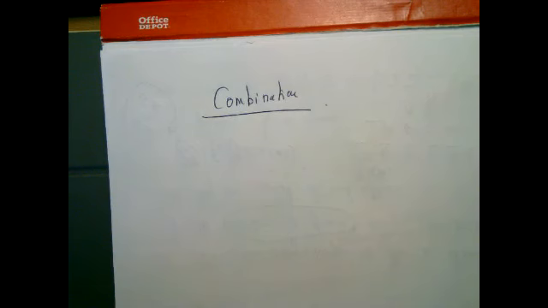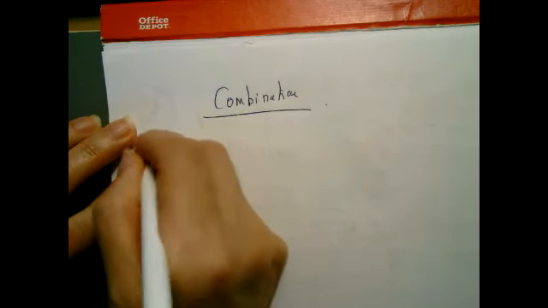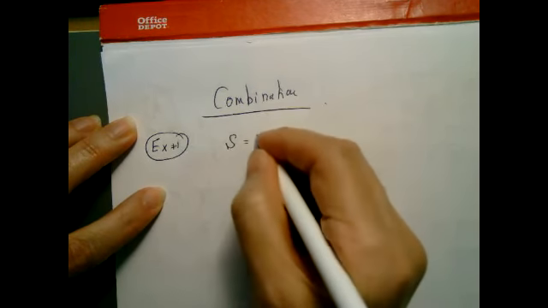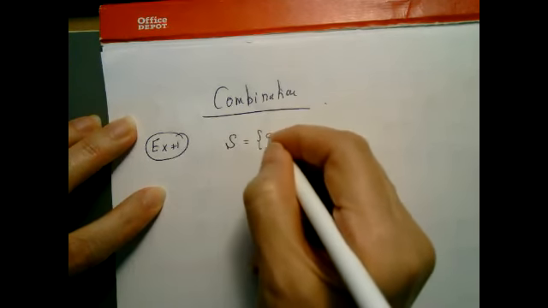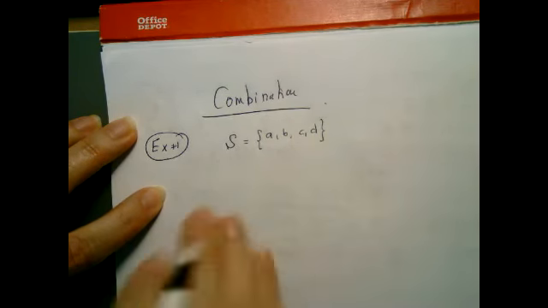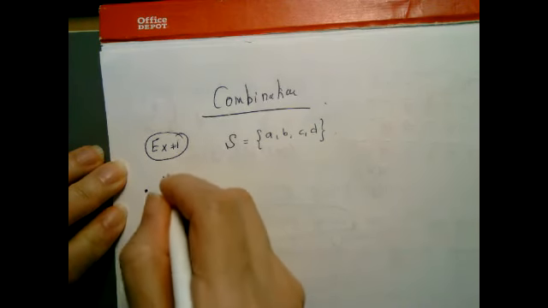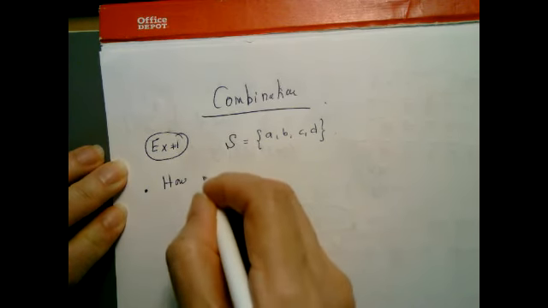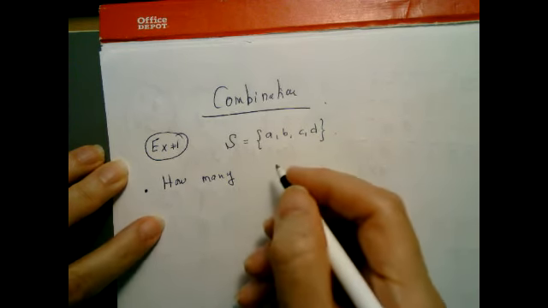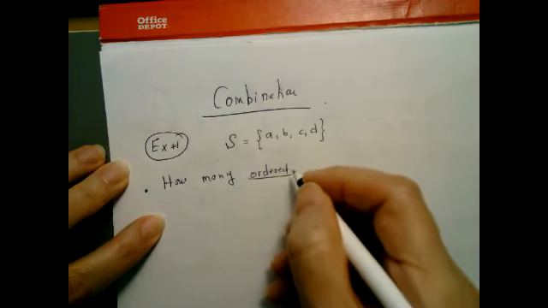Let's see the difference. So suppose I start with a fairly simple example. I take a set S, and my set, let us say, has A, B, C, D, 4 elements, nothing deeper than that. And I'm going to ask 2 questions. The first is what I did right now. How many ordered lists, or I sometimes put order just to really remind you that I care about the order.